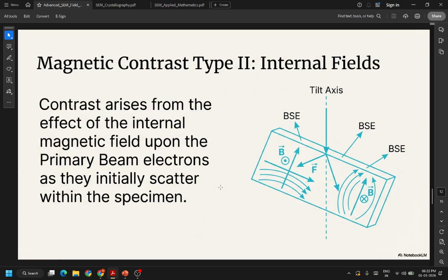Next is internal field. We were seeing the leakage field that is coming out of your sample. Now, if you want to visualize the internal field, that is the magnetic field within the sample, for that we use backscatter electrons because they can go deep inside your sample.